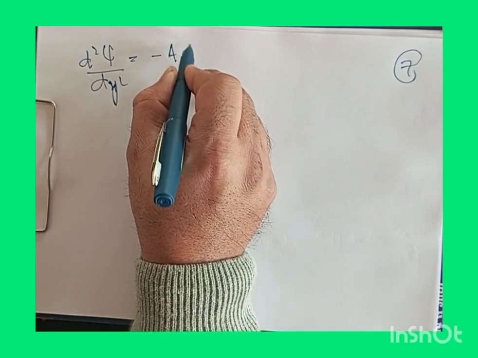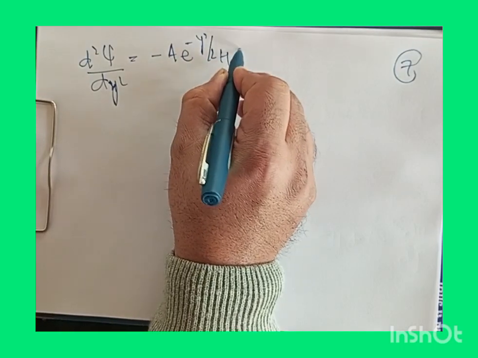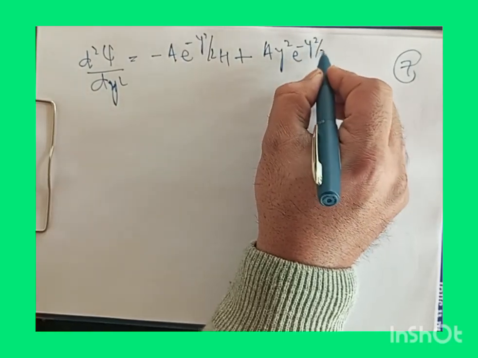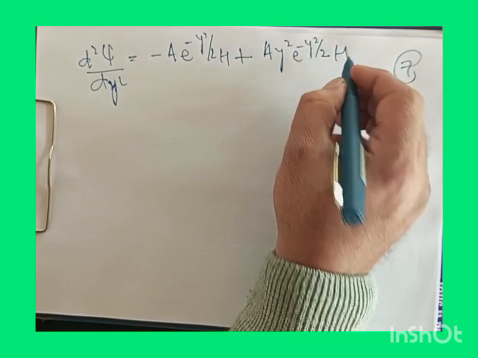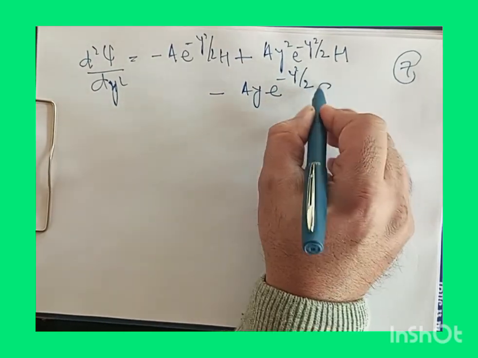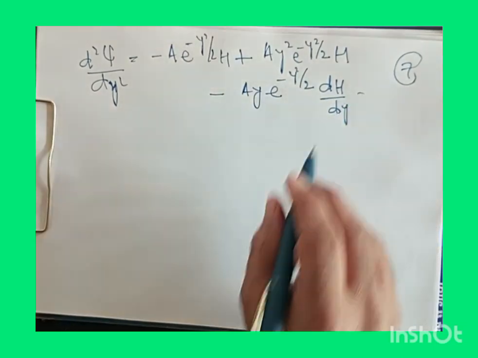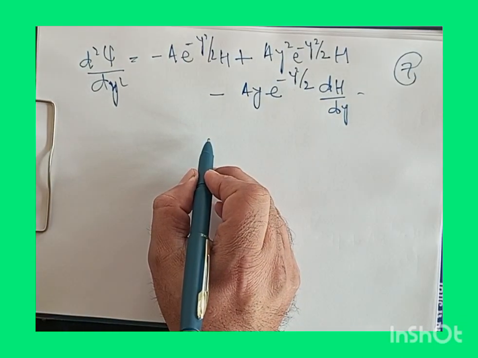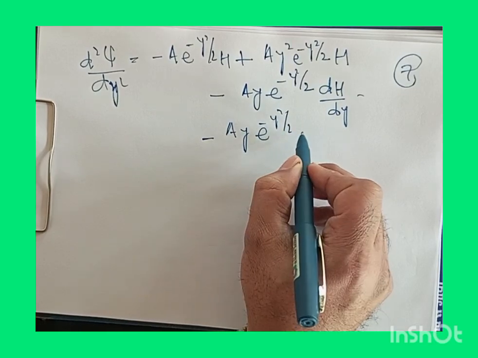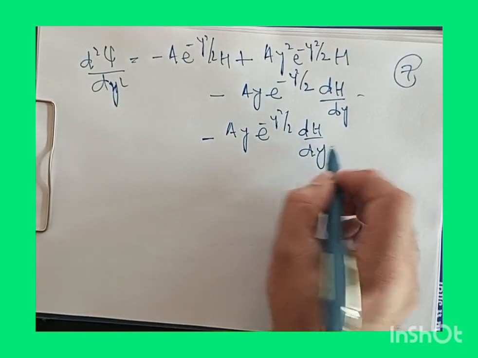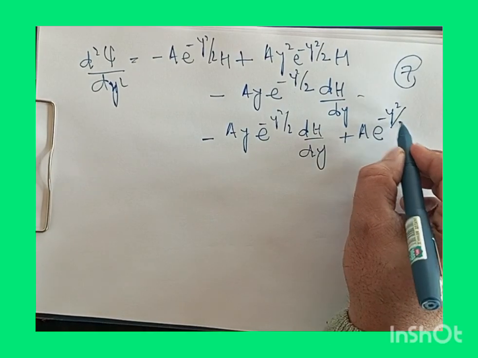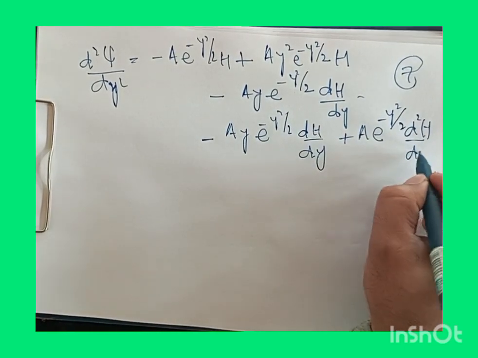Okay, it will give me minus a e to the power of minus y squared by 2h, plus I will have a y squared e to the power of minus y squared by 2 and then h, and then I will have minus a y e to the power of minus y squared by 2 dh by dy, and then I will have minus a y e to the power of minus y squared by 2 dh by dy, and then finally I will have plus a e to the power of minus y squared by 2 d2h by dy2.